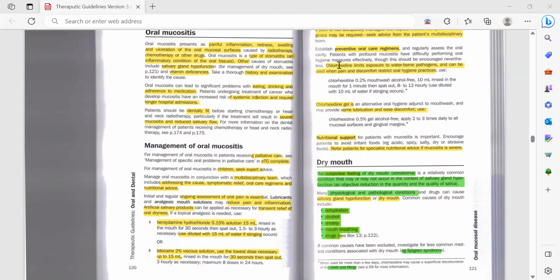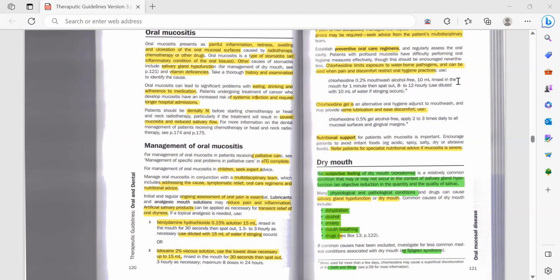Then chlorhexidine limits exposure to waterborne pathogens and can be used when pain and discomfort restrict the oral hygiene practices. The amount of chlorhexidine we recommend is the 0.2% mouthwash, which is alcohol free. It is very important that it is alcohol free, because alcohol would cause more dry mouth and lead to more symptoms.